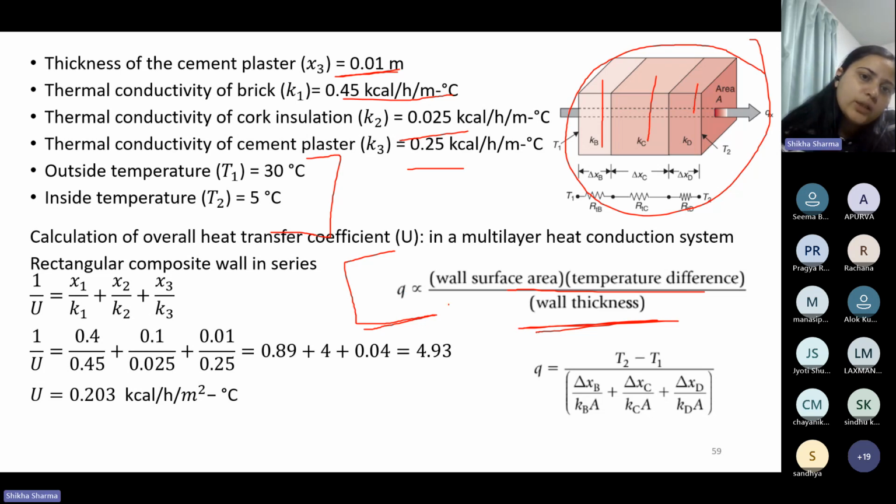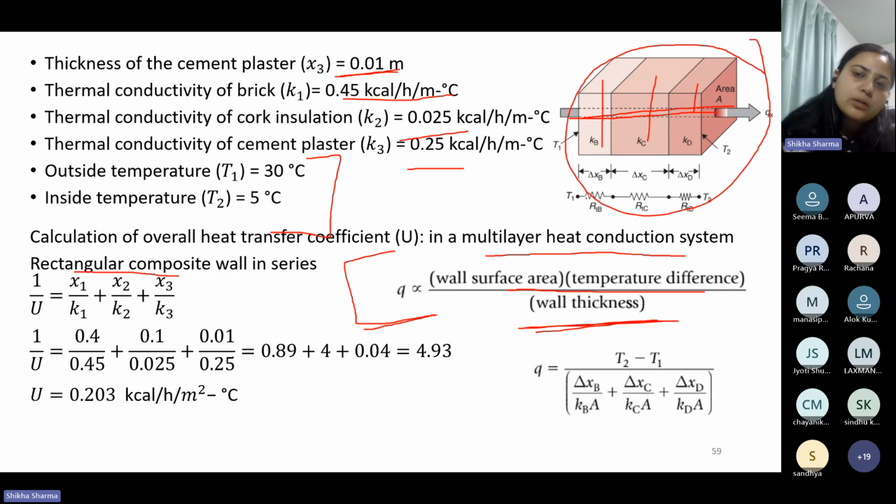We need to calculate the overall heat transfer coefficient in a multi-layer heat conduction system first, to apply this formula.